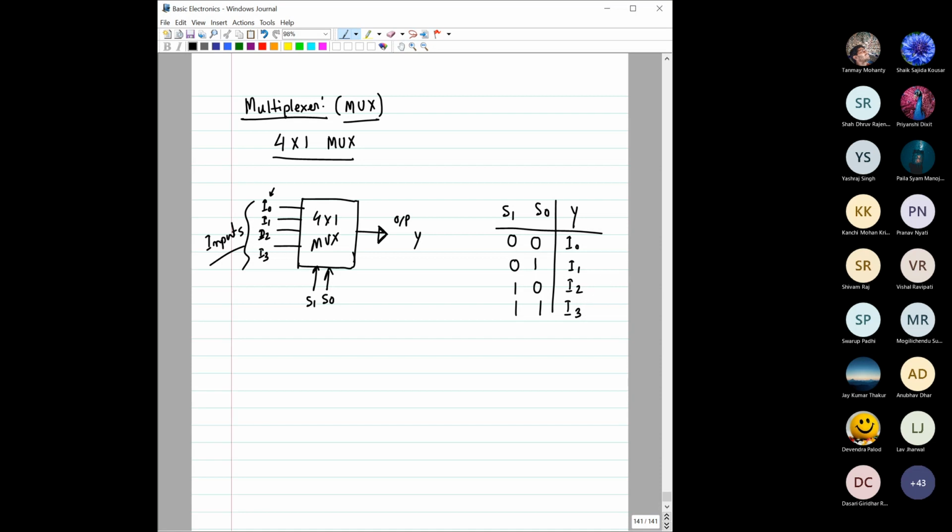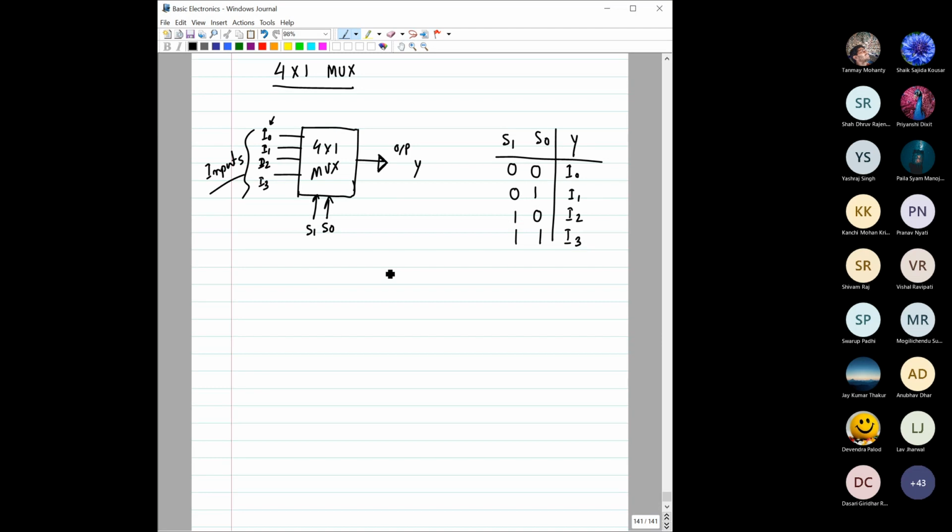So can we make a quick circuit which performs this particular operation? How to approach? We take 3 input gates. OR gates or AND gates? AND gates. How many AND gates do we need? 4, right?